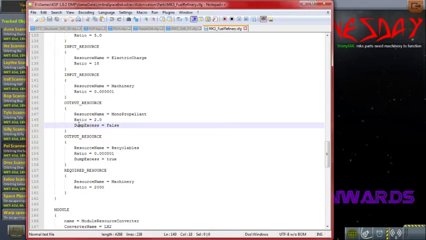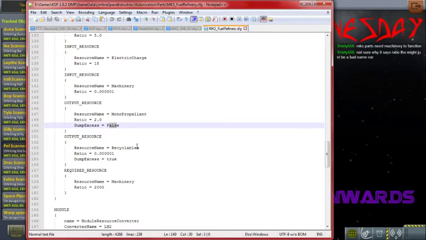So, dump excess, true or false? Yeah, Shirty. Yeah, MKS parts need machinery to function. Yep, we got that. Not quite sure. Yeah, kind of agree with you on that one.